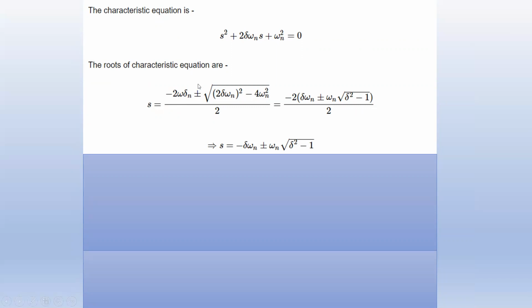The roots are minus b plus or minus root of b square minus 4ac by 2a. If we apply that, we have a equal to 1 here and b equal to 2 delta omega n.